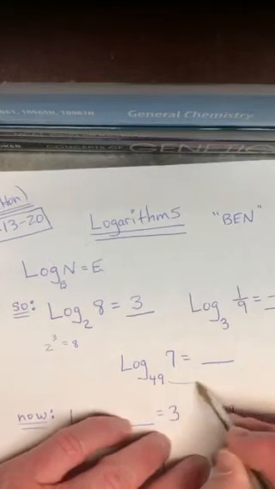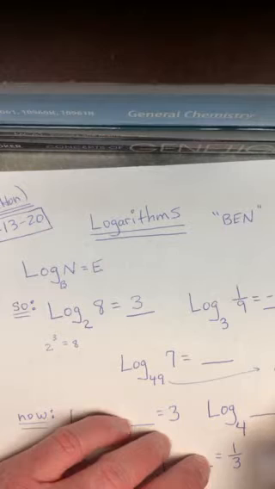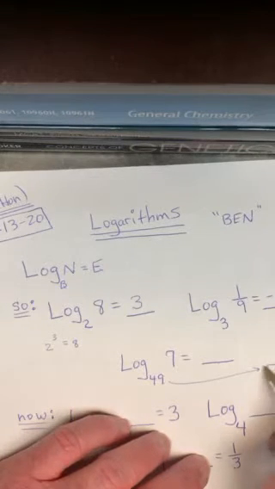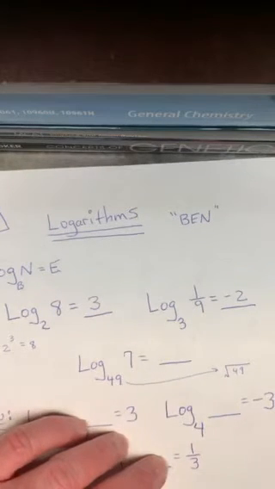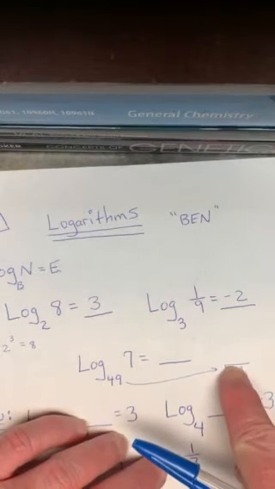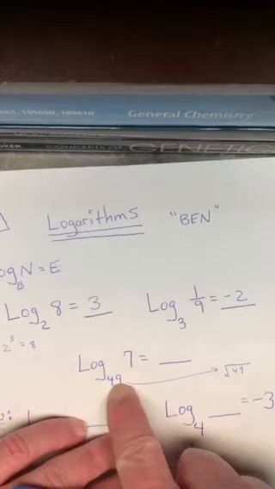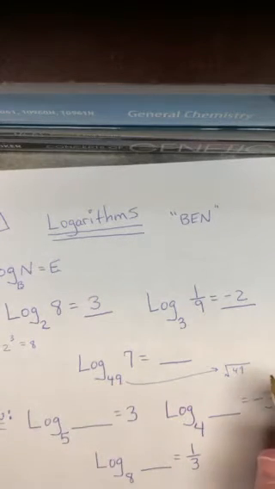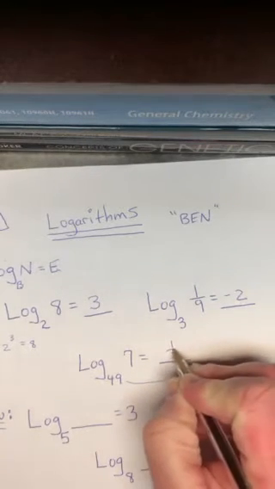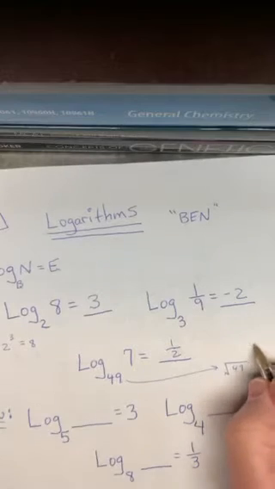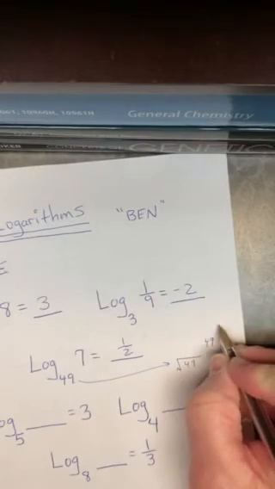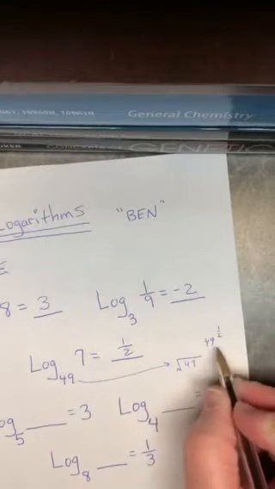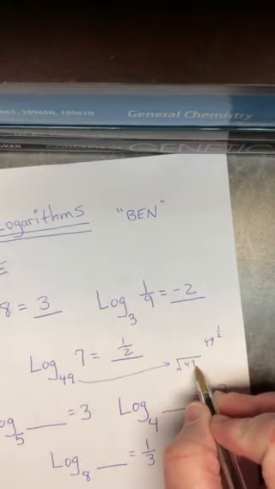Guys, do you agree that if we took 49 and square rooted it, it would turn into 7, agreed? So we must be square rooting that base of 49. And if you'll remember, maybe not, but you should, a square root box is really a 1/2 power. Guys, 49 to the 1/2 power really means the square root of 49.